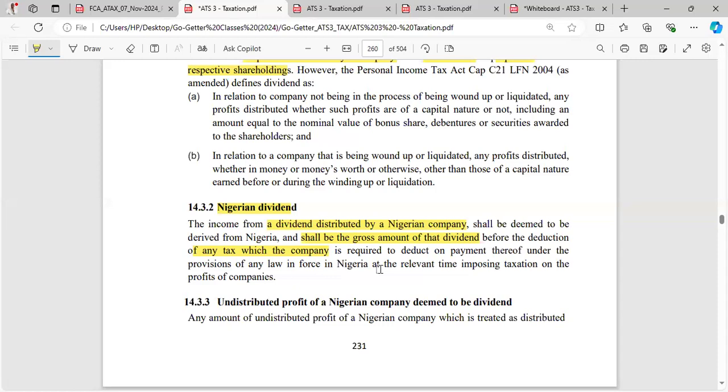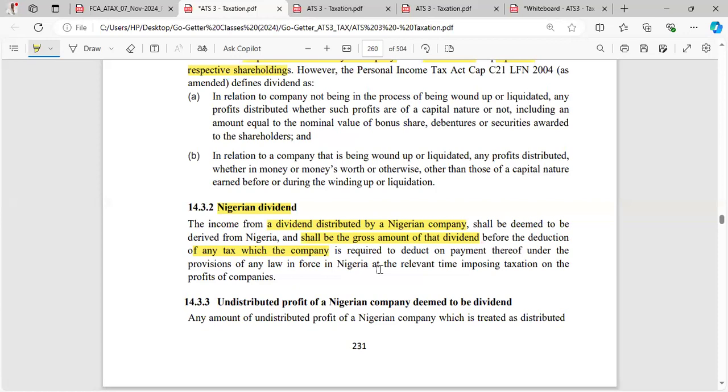So let's use that. Glow PLC is giving out dividends. Let's say Glow is not only in Nigeria, Glow is maybe in several countries. All the monies it makes from all the several countries are all Nigerian income. Now, when Glow is giving out its dividends, that is Nigerian dividends.